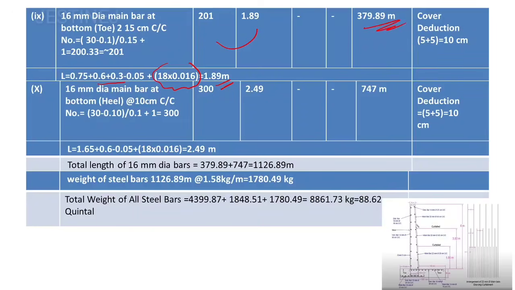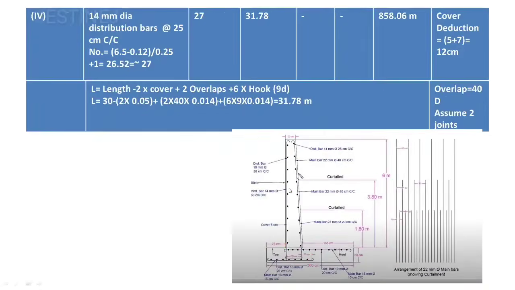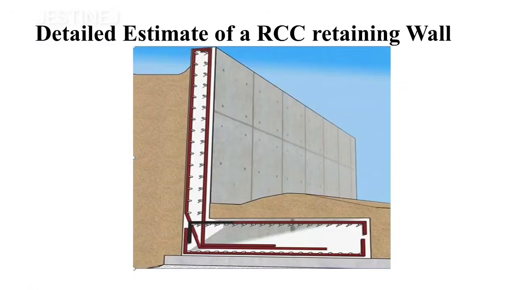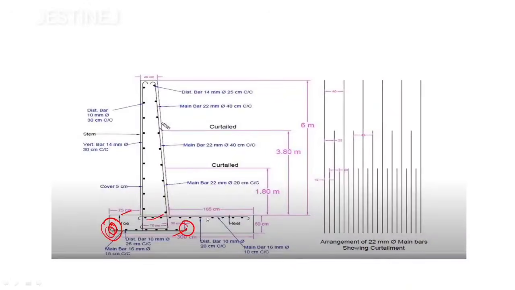379.89 meter. Then coming to the last case, that is 16 mm diameter, here also a main bar is provided, so you can use the same equations. At the heel portion you can observe this 165 centimeter plus the remaining 0.6, then you reduce this side, and you have to add the hook values.